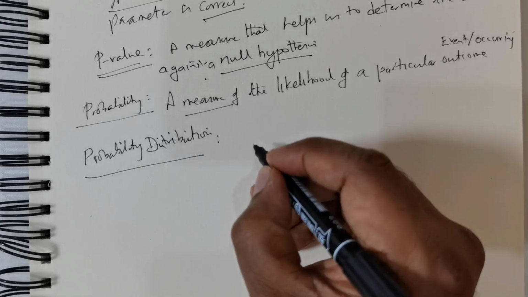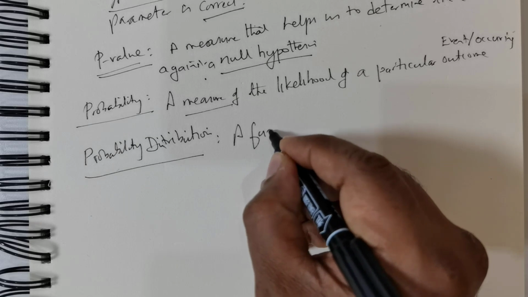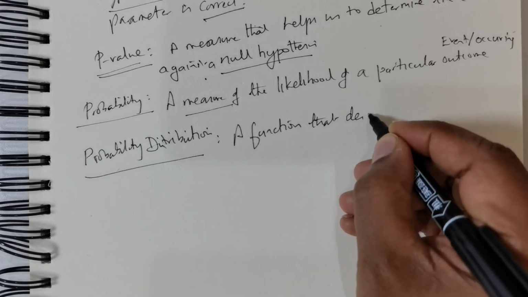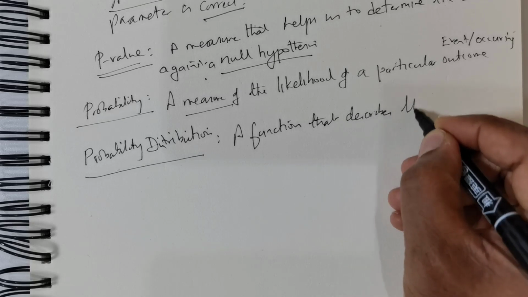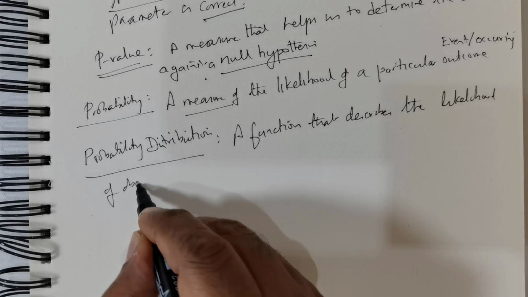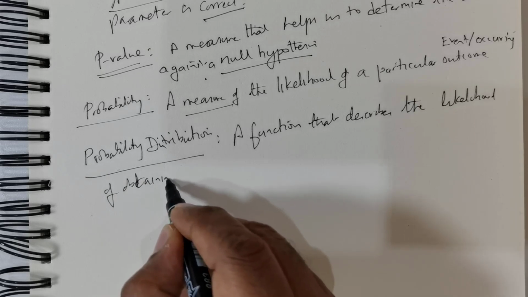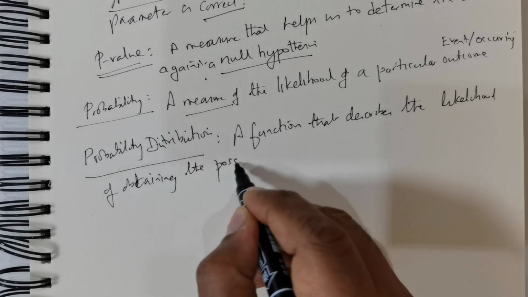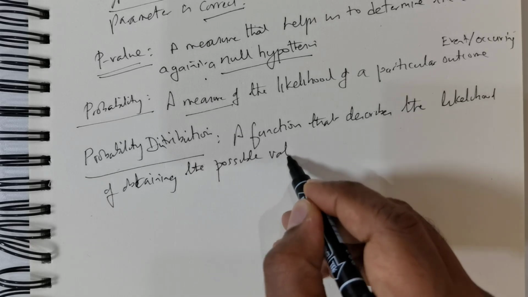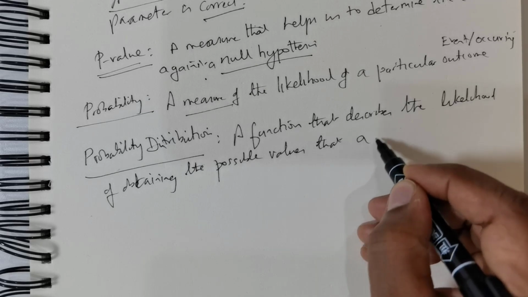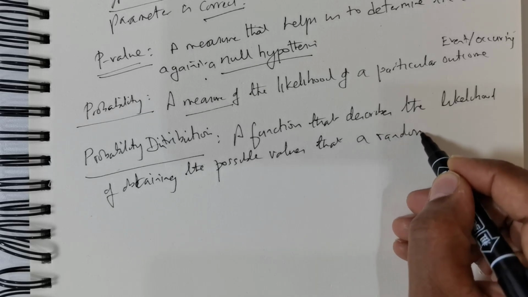So this is nothing but a function that describes the likelihood of obtaining the possible values that a random variable can take.